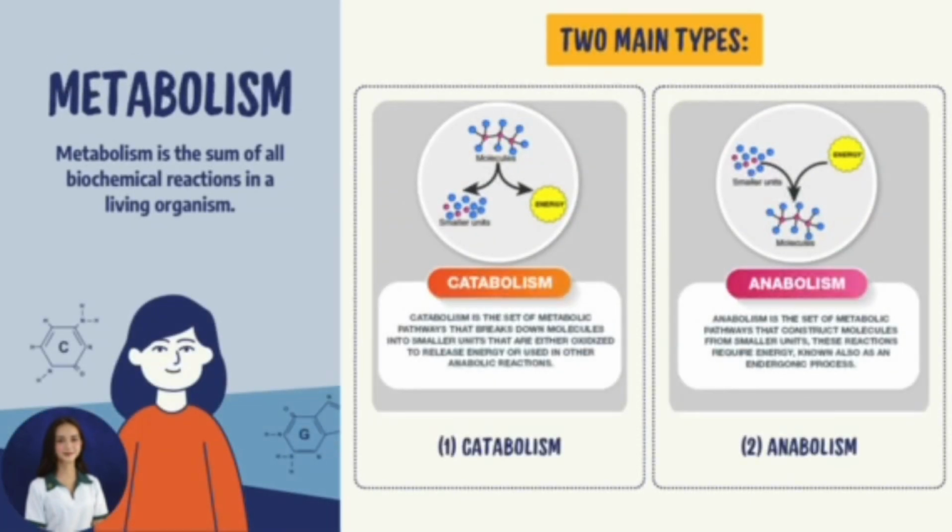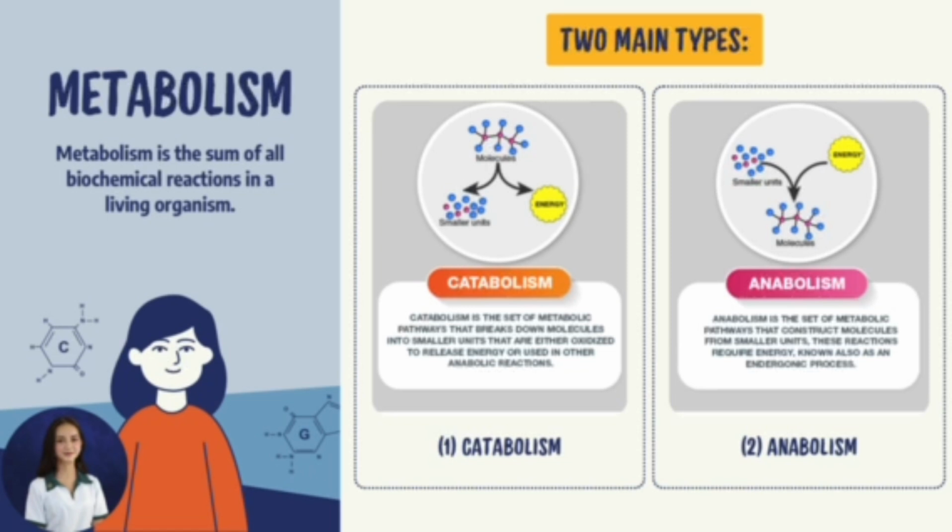So first, let us recall what metabolism is. Metabolism is the sum of all biochemical reactions in a living organism. There are two main types of metabolism. First, we have catabolism.